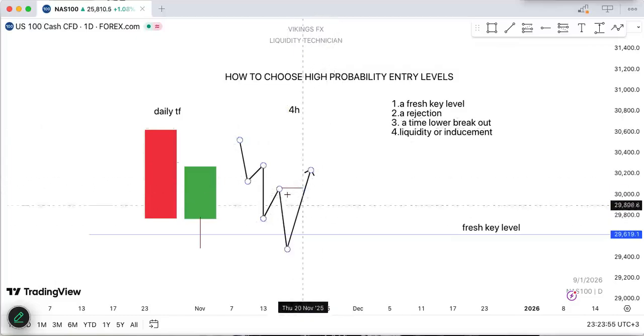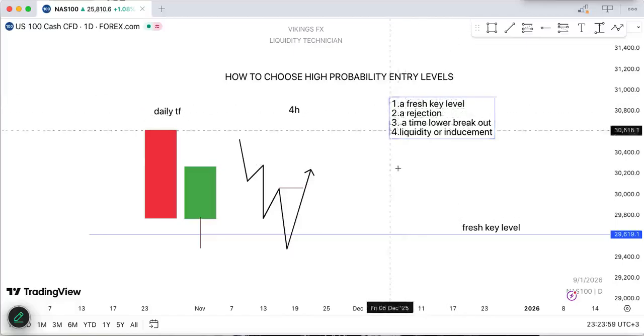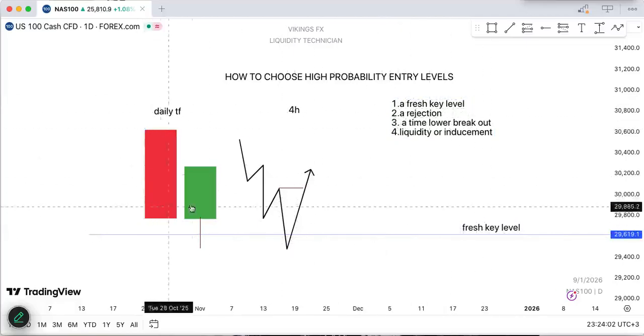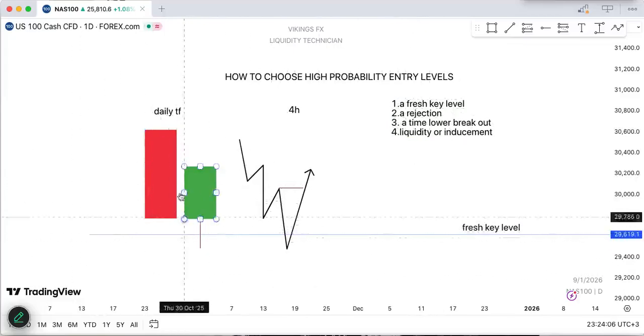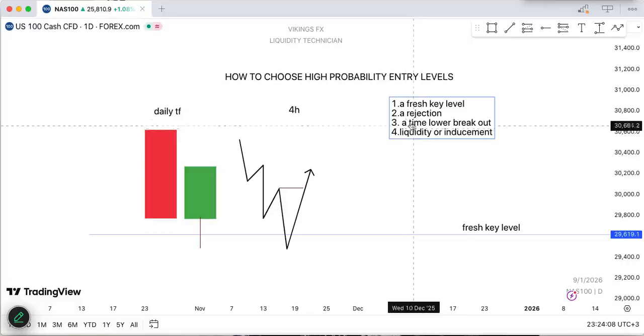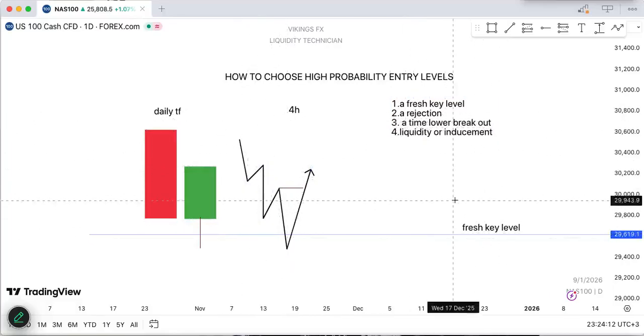So right now we have 3 of our criteria in line. We have a fresh key level, which is a daily key level. We have a daily candle rejecting a fresh daily level, that is the daily rejecting daily, and then we have a lower time frame breakout, that is the 4 hours time frame breakout.